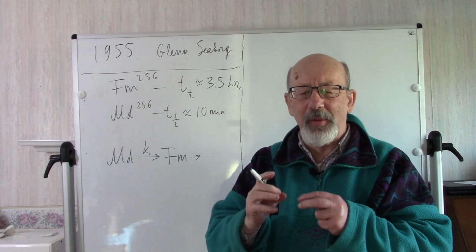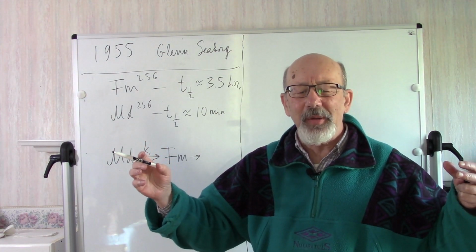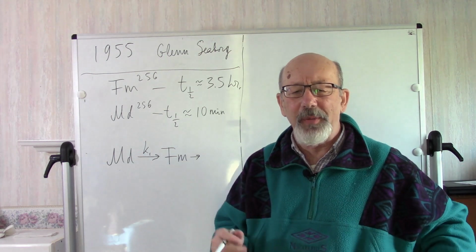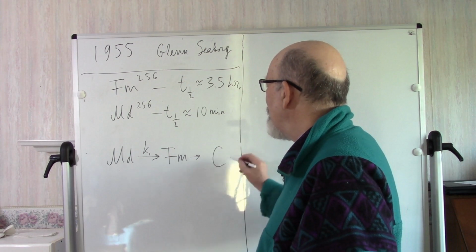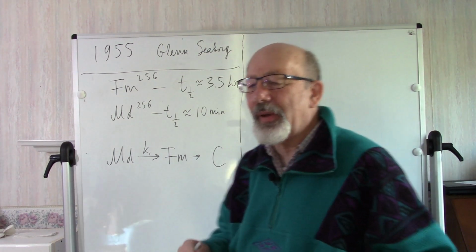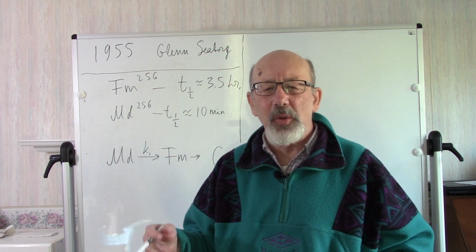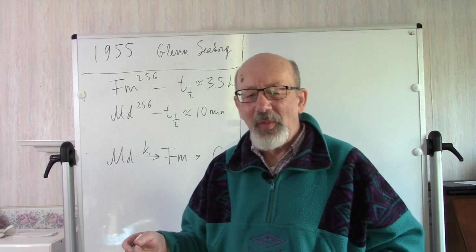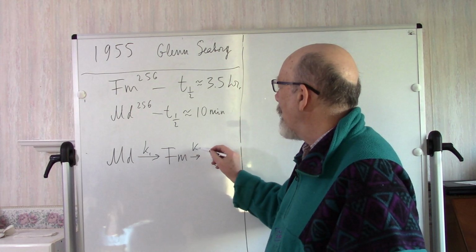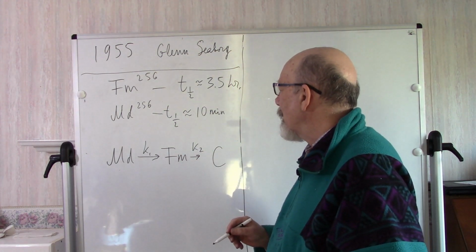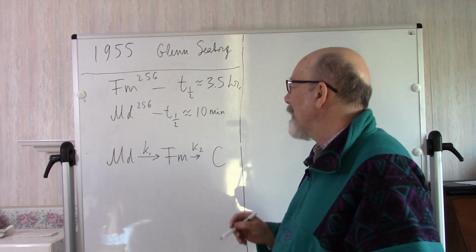In fact, the atoms of fermium were divided into two or more fragments, smaller atoms of about half the mass. So it is C. C is a mixture of different atoms of smaller masses, which we don't consider now, because this process with rate K2 does not depend on what happens here.